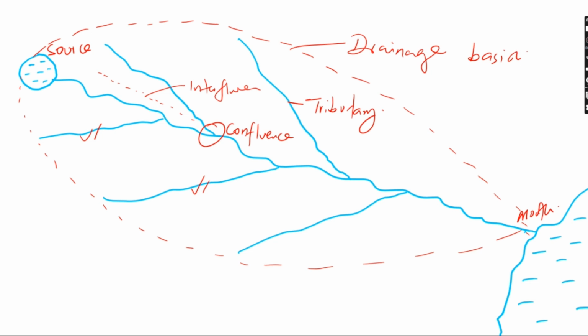So many things happen in our drainage basin, and that's what we want to look into, from the source all the way down to the mouth of the river. And in this video, I'm going to focus on the water cycle and the hydrological cycle, which are one and the same thing.